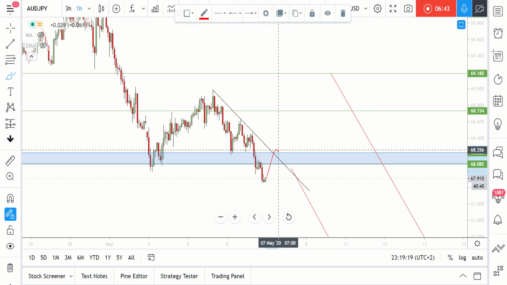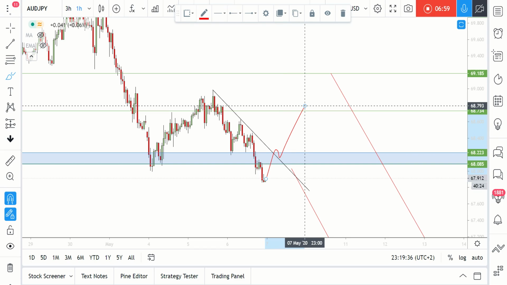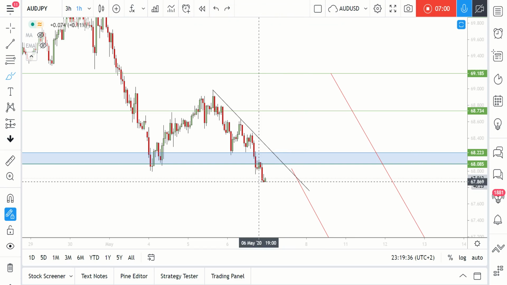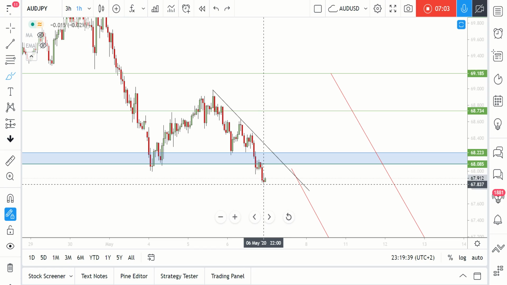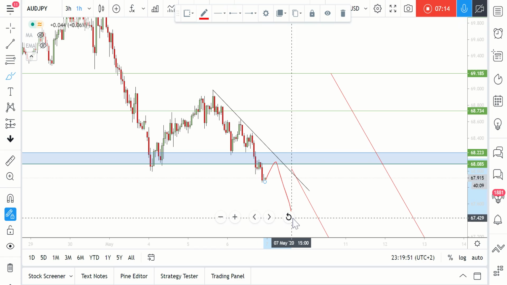I know other people will be looking to buy this pair, which I'm not saying is wrong, I'm just giving my own opinion. It doesn't serve as any financial advice, just remember that. People might be caught up in the long trade thinking price will go all the way up, but in my opinion, I'm not looking for any long trade. I'm looking for price to retest this level of support, which now serves as resistance, or ultimately a retest of this descending trend line, and then we'll be looking to go short.